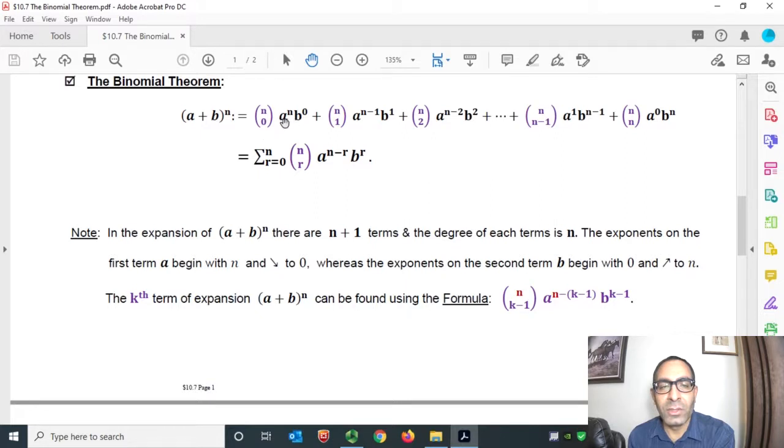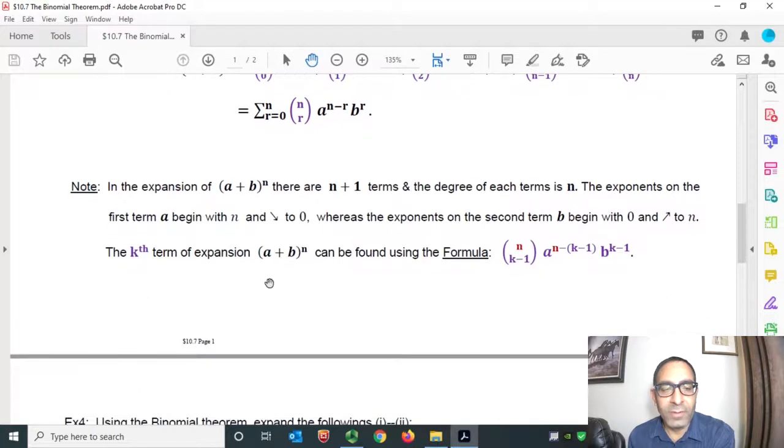So a to the power n, and then we decrease the power of a in the second term. In the third term, we decrease the power of a again by 1. Dot dot dot, we end at a to the power 0. Similarly, the power of b starts from 0, and then we increase the power of b by 1 in the next term, and in the next term we increase by 1 again, and dot dot dot, we end this expansion in b to the power n.